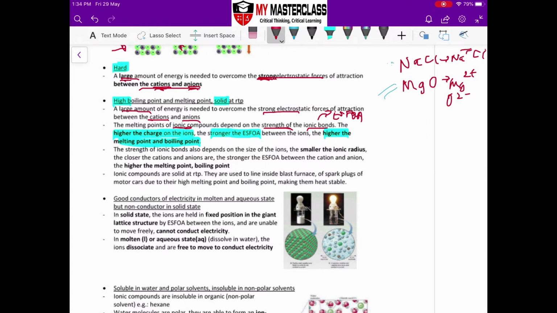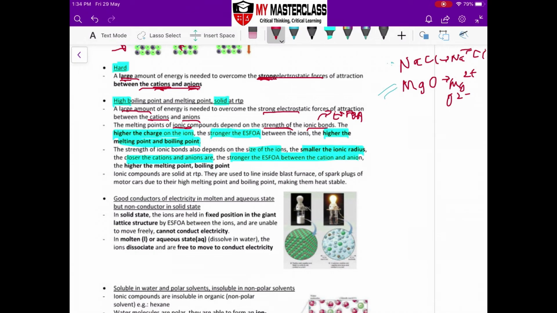The next property that affects the melting point and boiling point is the size of the ions. The smaller the ionic radius, the closer the cations and anions are, the stronger the ESFOA. You can think of it like a magnet. If your magnets are very close to one another, the attraction is very strong. Immediately they will stick together.